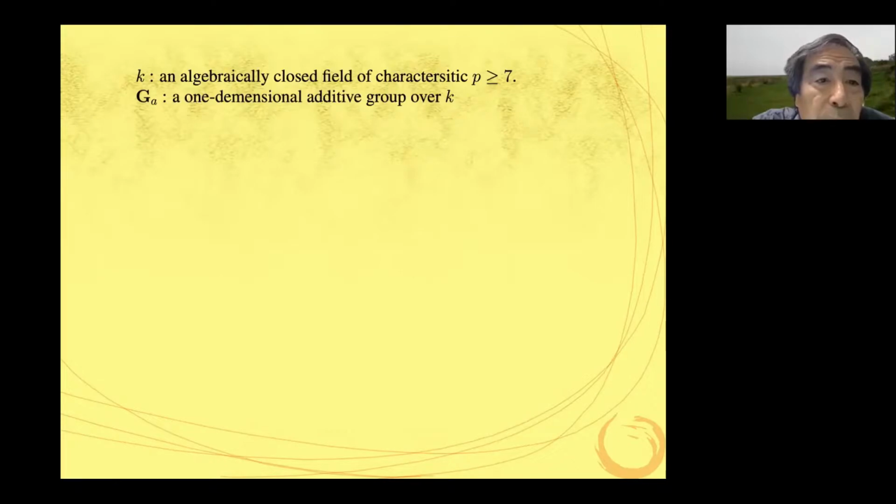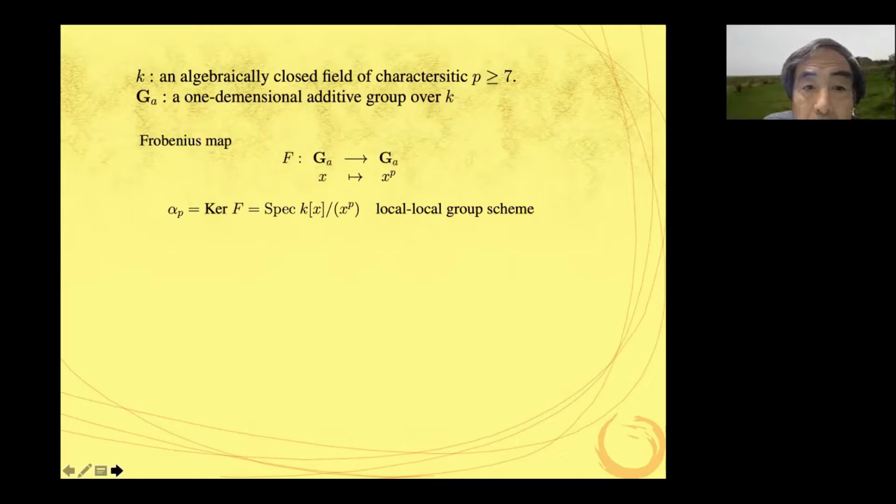And we denote by G_a the one-dimensional additive group over K. On G_a, we have a Frobenius map, and we denote by alpha_p the kernel of this Frobenius map. This is a local group scheme, as is well known.